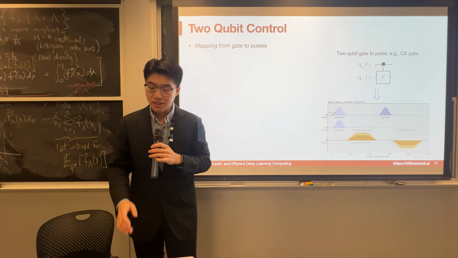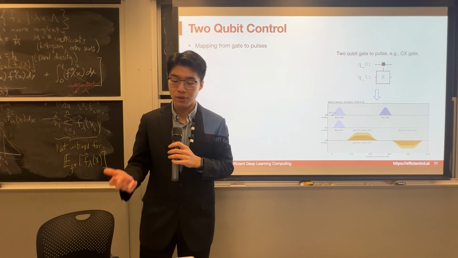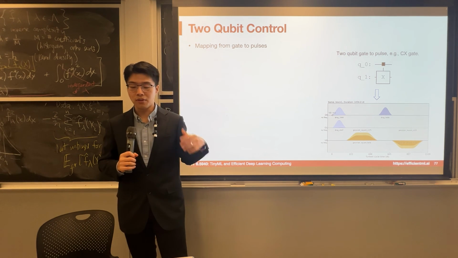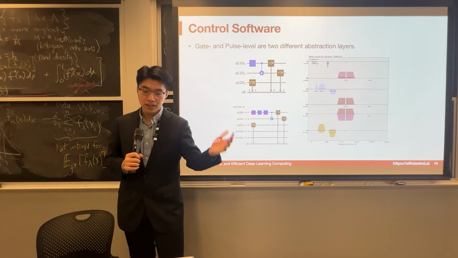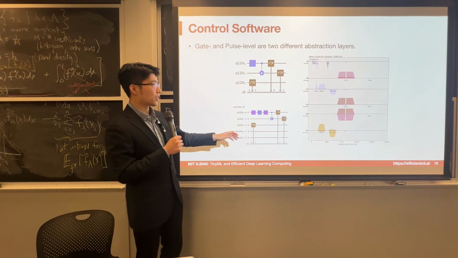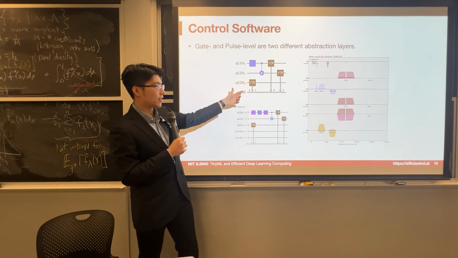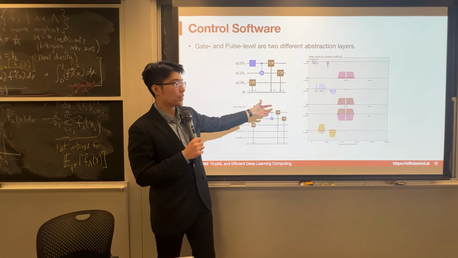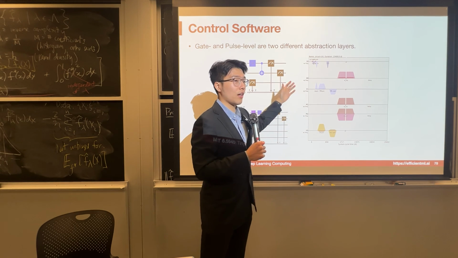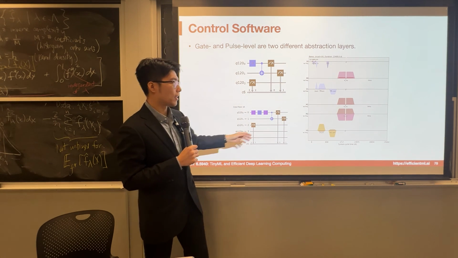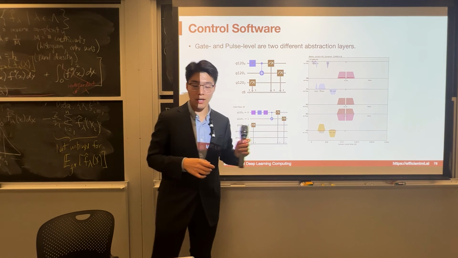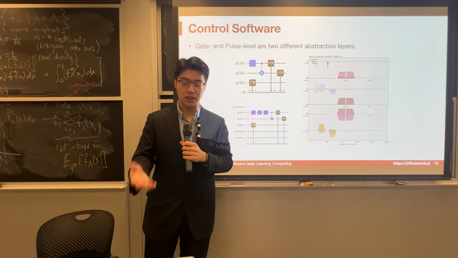So that's how we can transpile these high-level gates to the low-level control pulse signals. And finally, we have this overall view of the circuit. I have this circuit, and then that will be translated to all the control shapes on all the channels of the quantum device. And then we can send all this information to the quantum hardware to apply the corresponding computation.